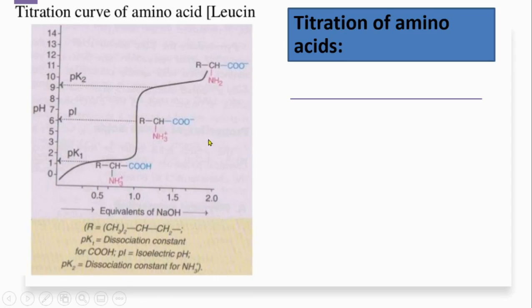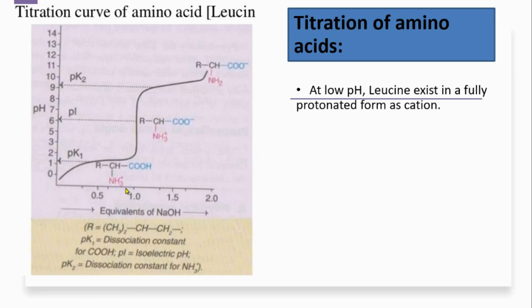Here, leucine is titrated with NaOH, and as the titration proceeds, it changes from cation to neutral to anion. If you see the low pH values on this side, at low pH, leucine exists in fully protonated form. It has a positive charge and is in the cation form.